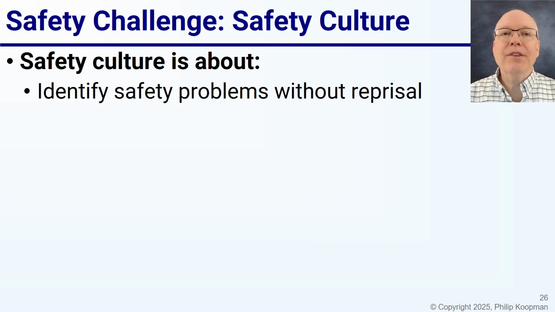We have to deal with this. And you can know that you will not be fired, you will not get a bad job appraisal, you will not lose out on the next merit raise and all those things. You can know that it's a safe space to say, we have a problem. That's the first half of good safety culture.